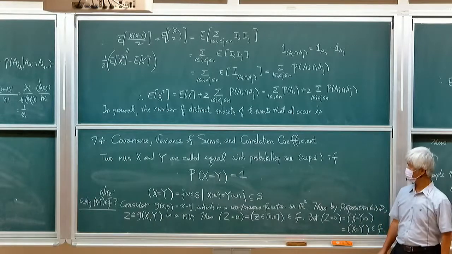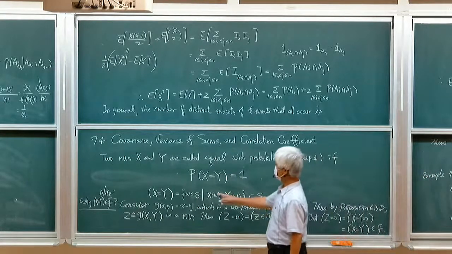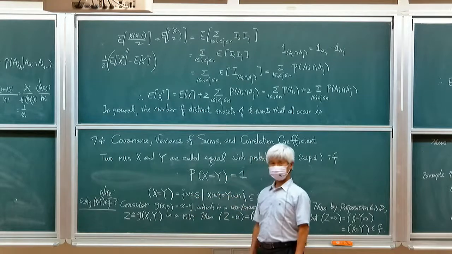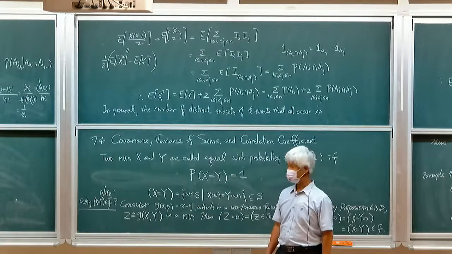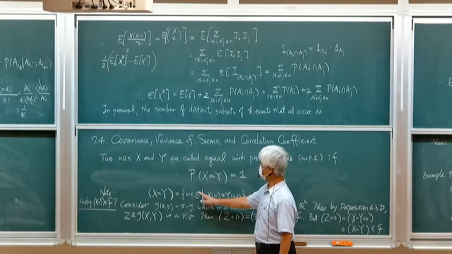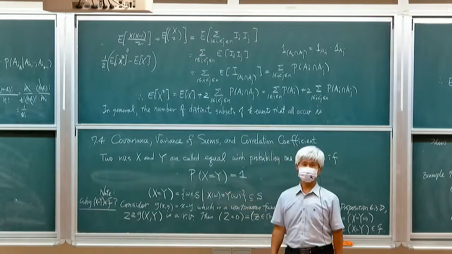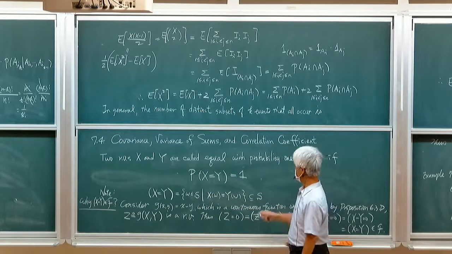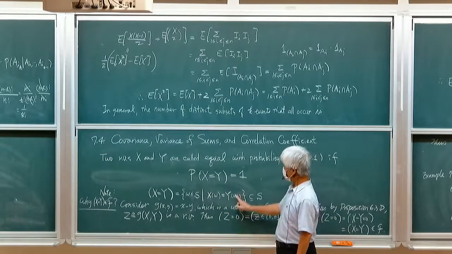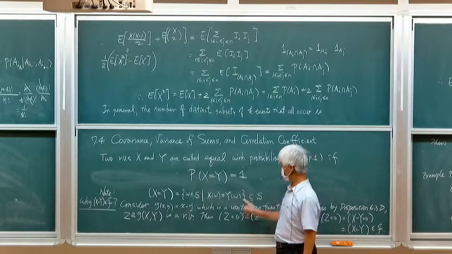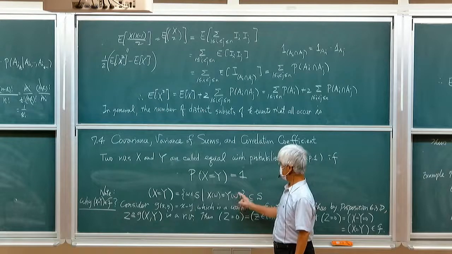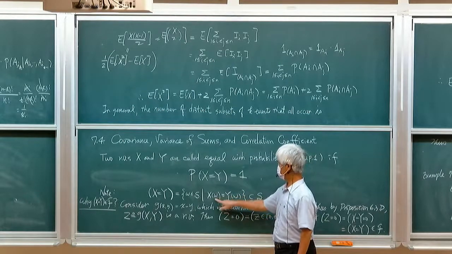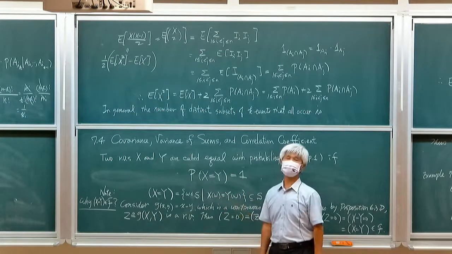Okay, so this one is an event of interest, and the probability of this event is equal to 1. So that means that for almost all outcomes, these values are equal.